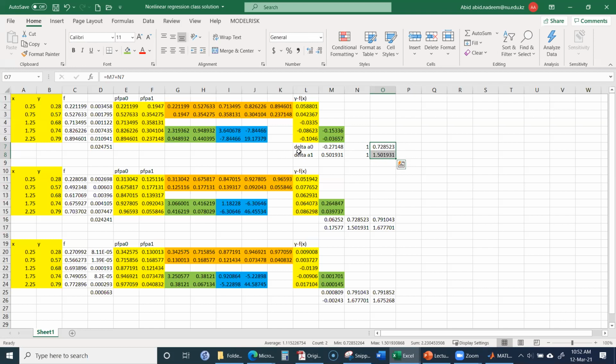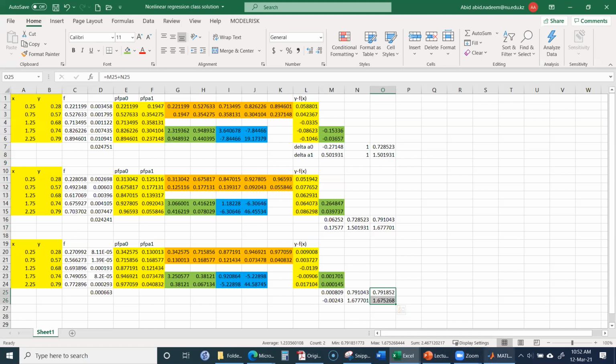These new values of A0 and A1 I will use in the next iteration, and then I will get further new A0 and A1 values. Then I will use them in the third iteration. When I can see that in the second and the third iteration the difference is very small, here you can stop your process, and these will be the final A0 and A1 values for the model.